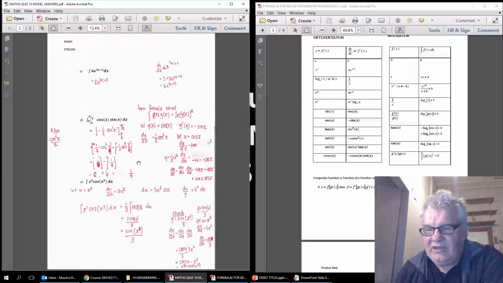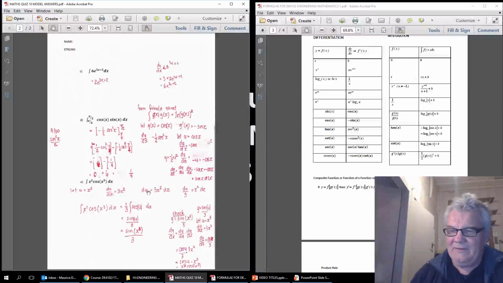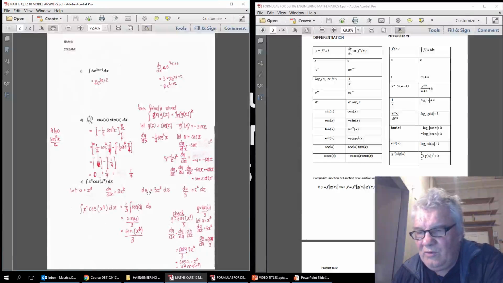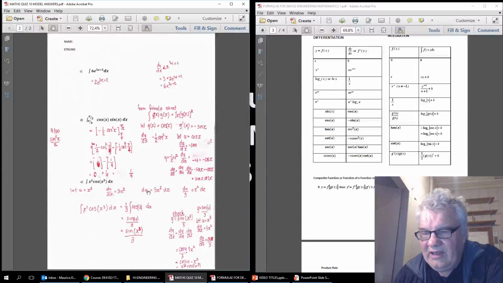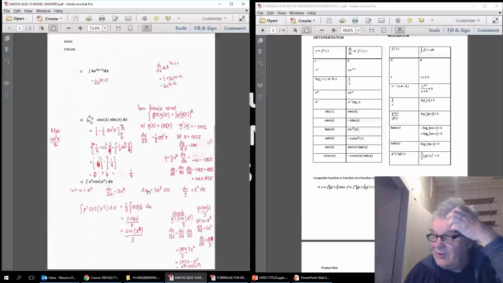So we can replace the x squared dx by a third du, and we can replace the x cubed by the u. Then we can integrate that, and we get 1/3 sine u. Then we substitute back for u, which is x cubed, and we get a third sine x cubed.